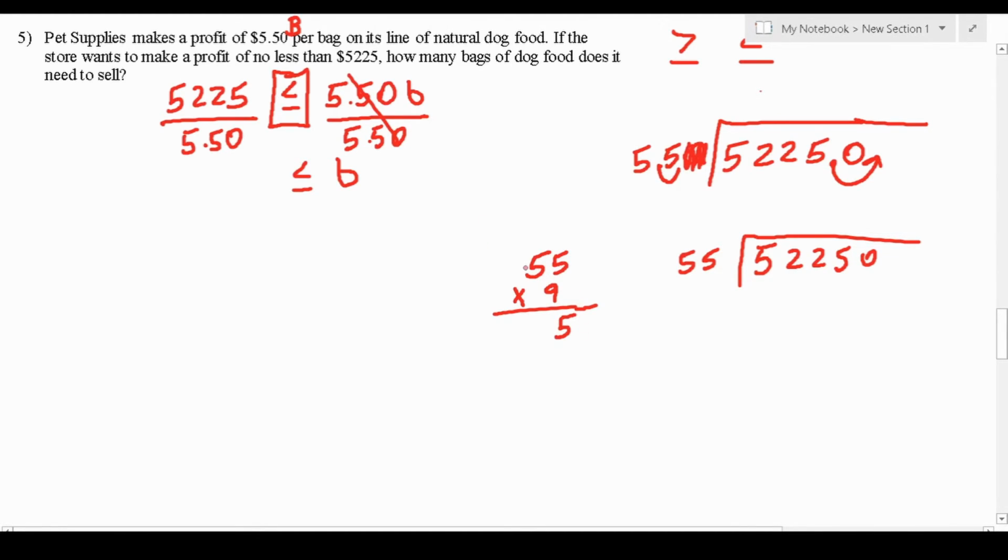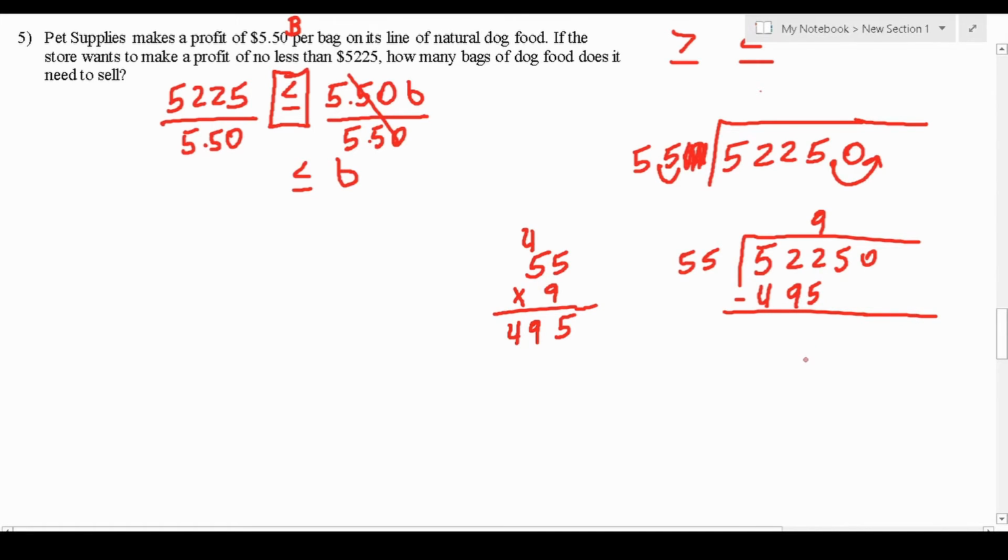So we're going to put a 5 there and bring up a 4. 5 times 9 is 45, plus 4 is going to be 49. So we know that 55 times 9 will give us 495. Let's subtract.